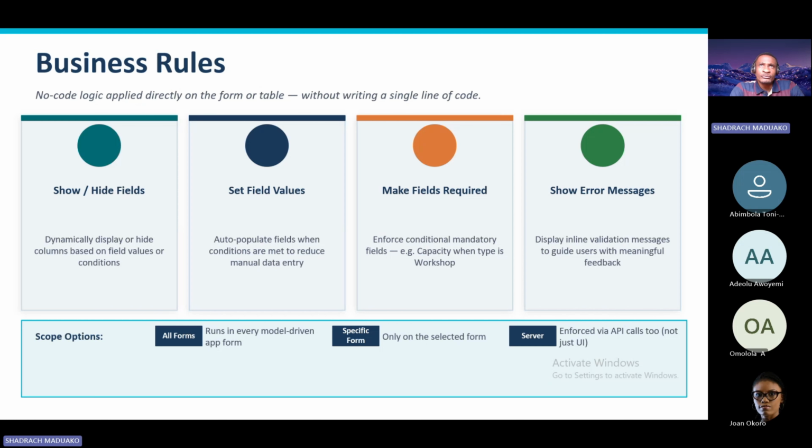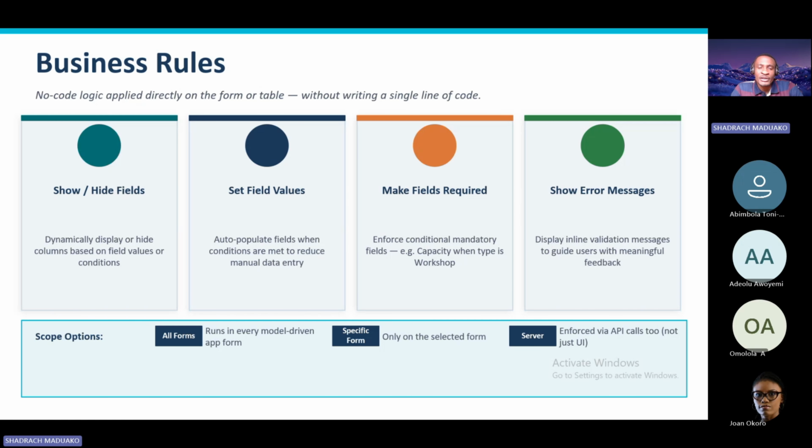Now, in business rules, we just see there are limitations and there are capabilities of what the business rule could do. It is not all logic that can be configured using business rules. So it has its capabilities, it also has its limitations.